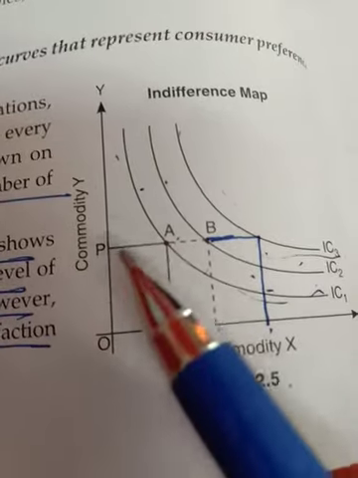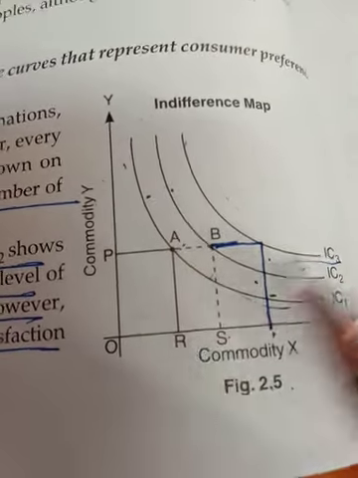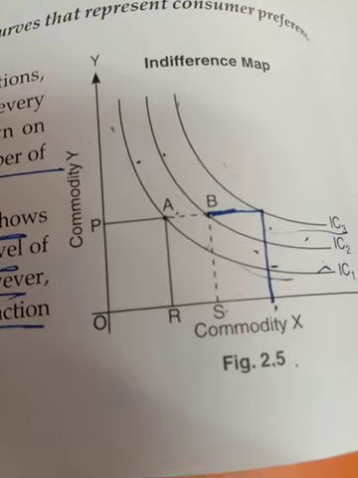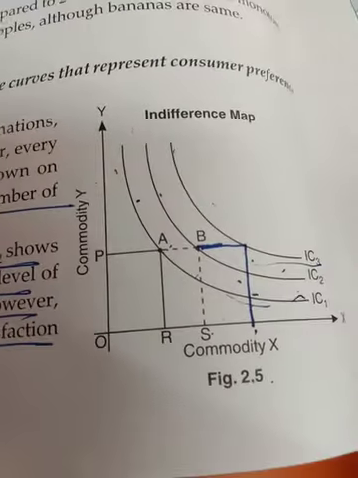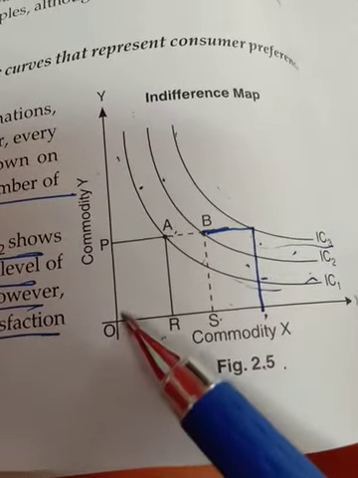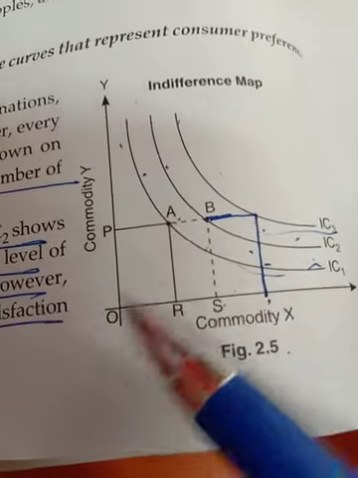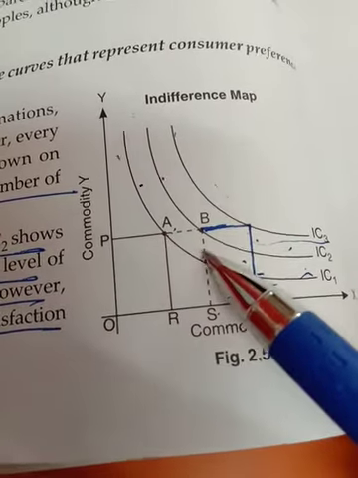I'm just telling you that you are to show the points, and then you can explain the diagram. They have explained the diagram so well because they are referring to all the points on the indifference curve. So in this way, OP represents the commodity Y. OP is the same for IC1 and IC2.